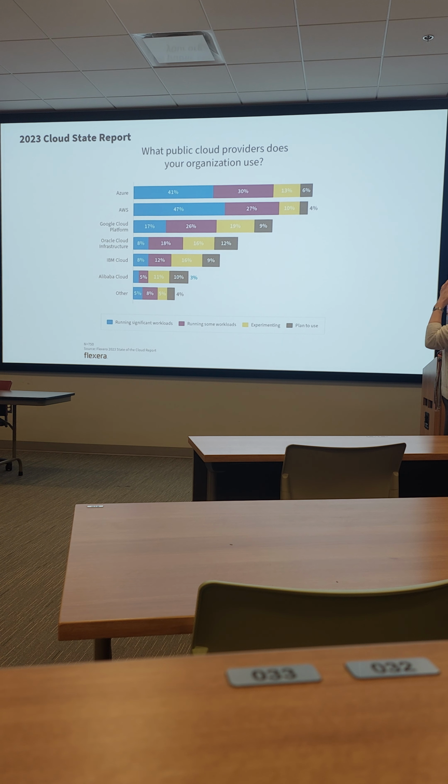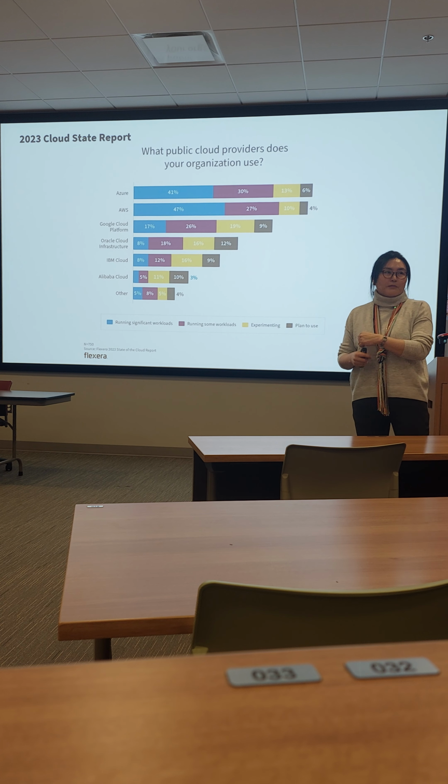It also includes plans to use. Okay? So just a few years ago, it was always AWS leading by a lot, and then Azure, and then GCP. GCP has always been in third place over many years. I put this report on our reading list as well.